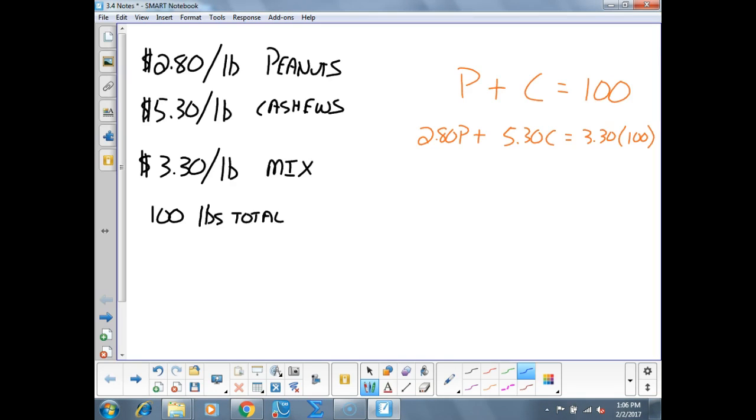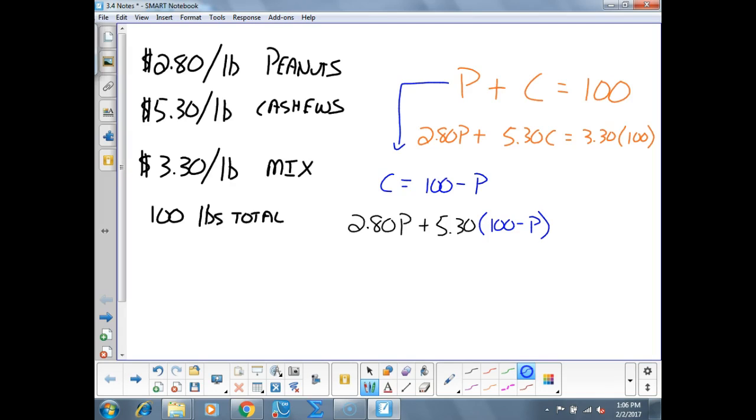Take the top one, and if I solve for C, then I get 100 minus P. So then I plug that into my other equation: 2.80P plus 5.30 times 100 minus P equals 330.